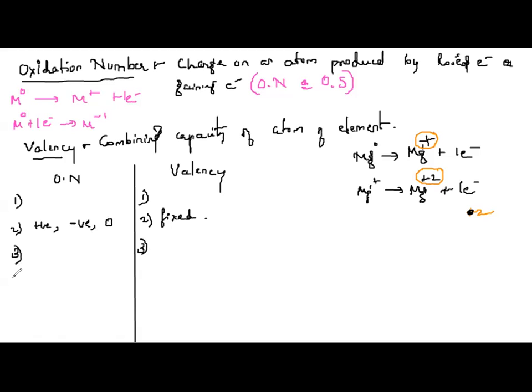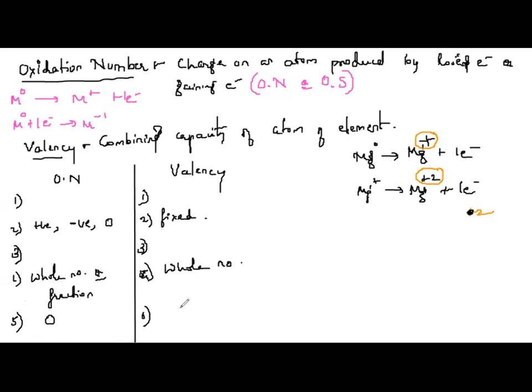Fourth point is that oxidation number may be a whole number or it may be a fraction. Whereas valency is always a whole number. It cannot be a fraction. Oxidation number may be 0.